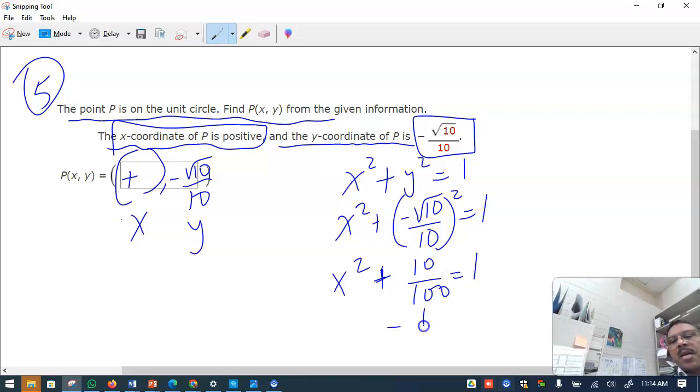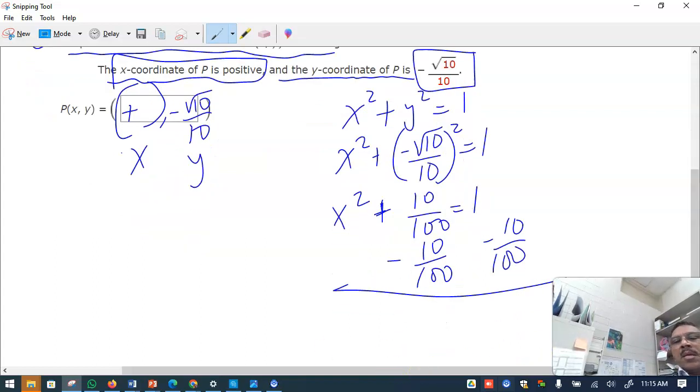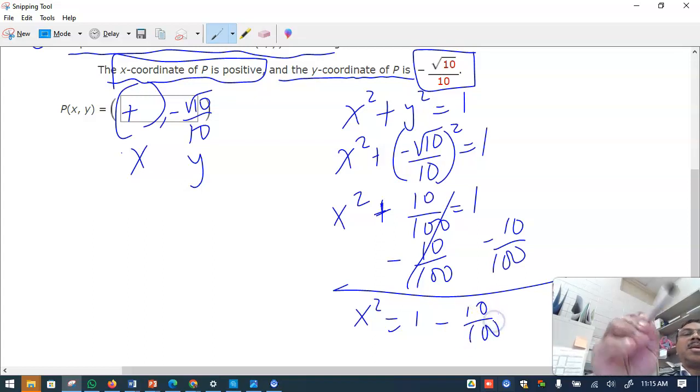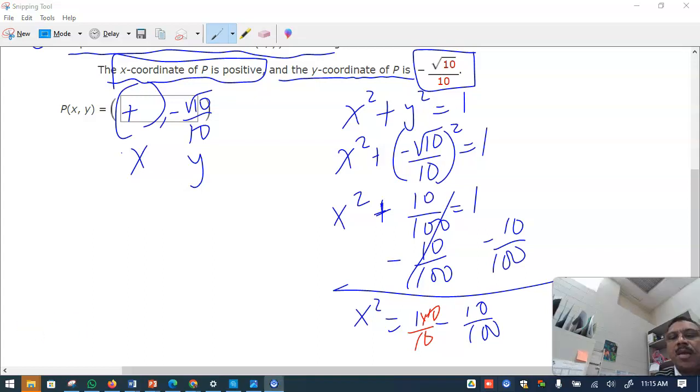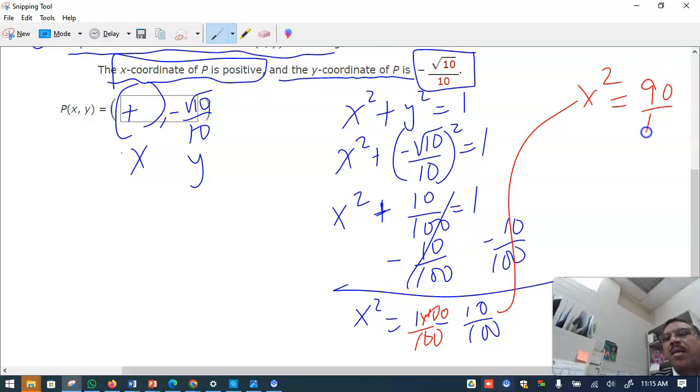And if you subtract 10 over 100 from both sides, you multiply by 100 here. So that becomes x squared is 100 minus 10, which is 90 divided by 100.